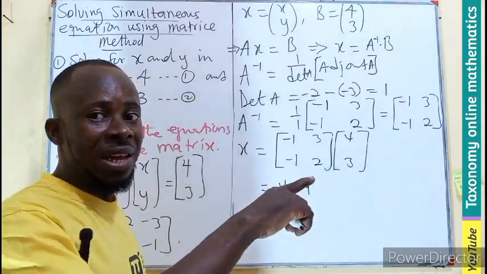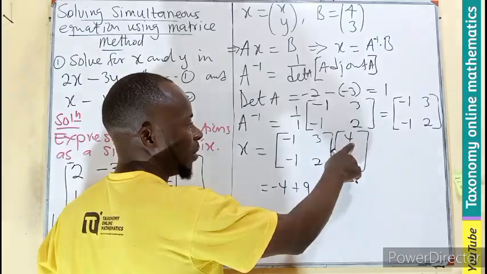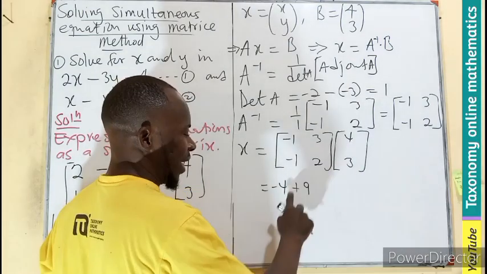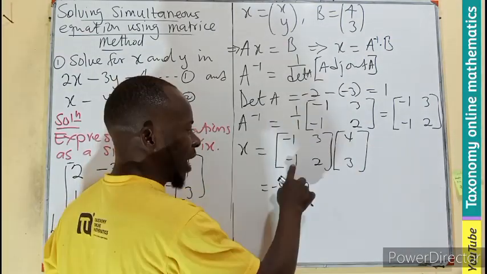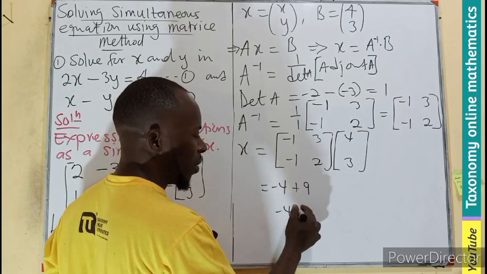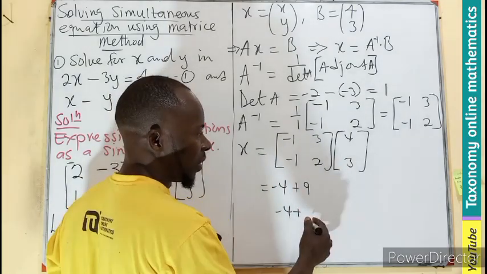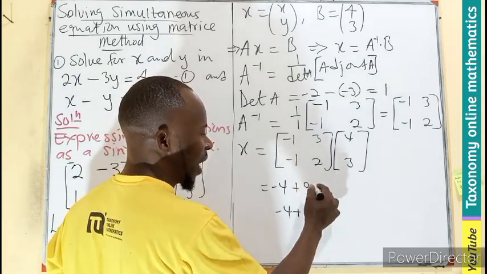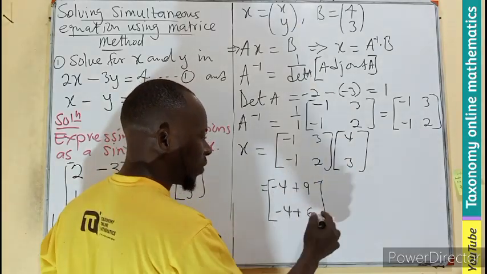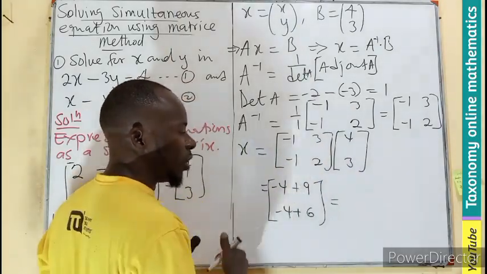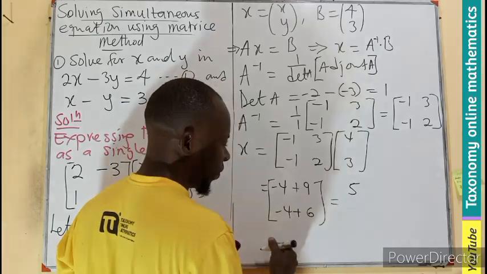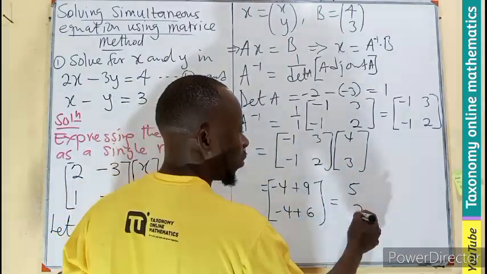That gives us the first entry: this times this plus this times this. Then the second entry, 4 times this will still be negative 4, plus 2 times this. That will be 6, right? So if you compute this, we have 5. If you compute this, we have 2.